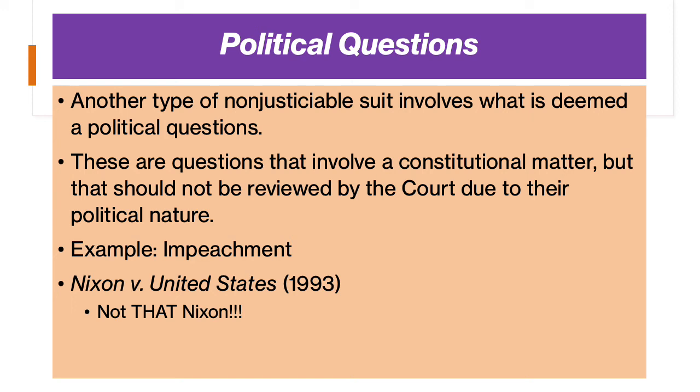Nixon versus United States is about the impeachment procedure in the House and the Senate. Walter Nixon felt like the procedure had not been followed, and he asked the Supreme Court to rule on whether or not the procedure for impeachment had been violated.